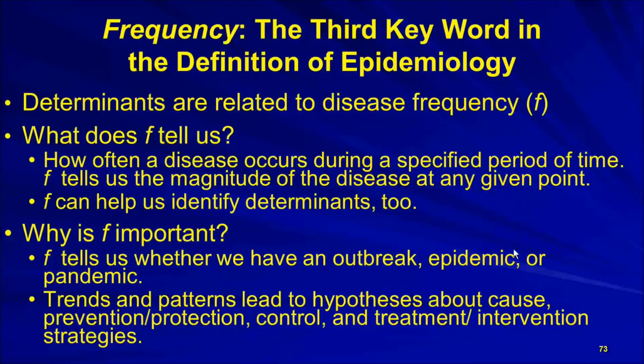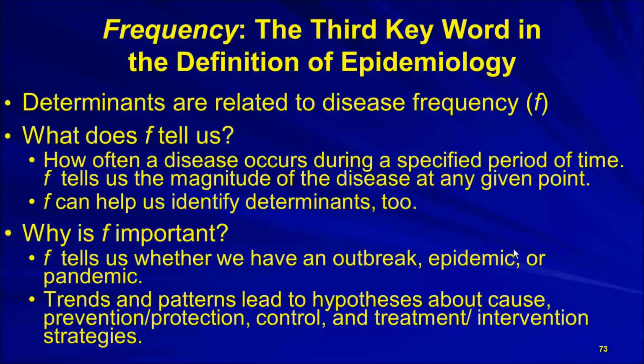And frequency helps to tell us about the magnitude of the disease, how big the disease is. We saw that by looking at the maps that I showed you before. The concentration of the darker colors indicates a greater magnitude of the problem because we have greater numbers of people in those areas of concentration that have the problem.